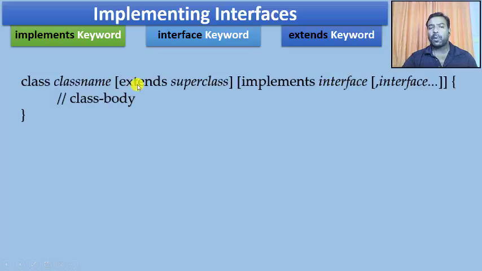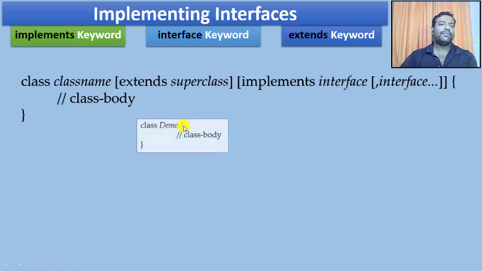Now, when I am talking about inheritance, any class can have only one superclass. Hence, you don't think about using a comma here and using a few more superclasses. You cannot do this here. But with implements, you can use commas and any number of interfaces because multiple interfaces are allowed in your Java program. Hence, whatever we have put in these square brackets is optional. The class can extend, the class can implement, and it's going to have its own class body.